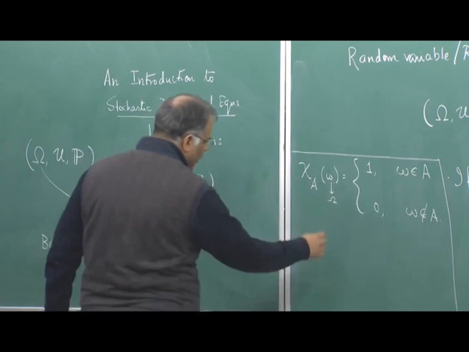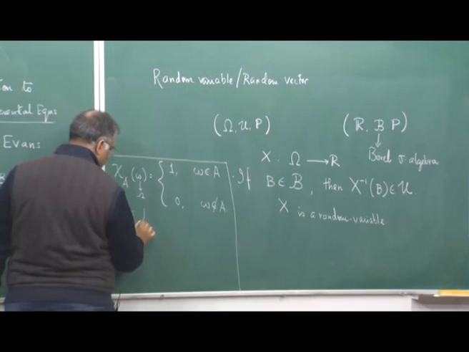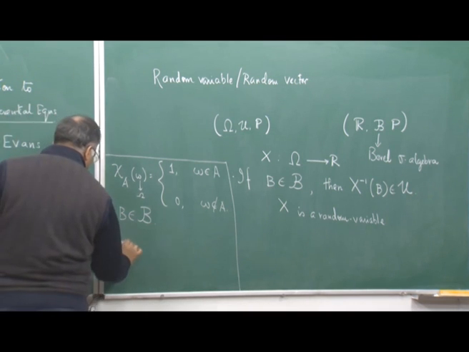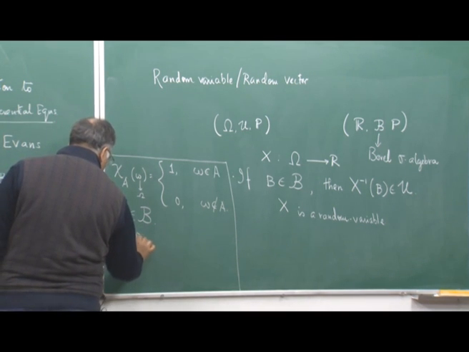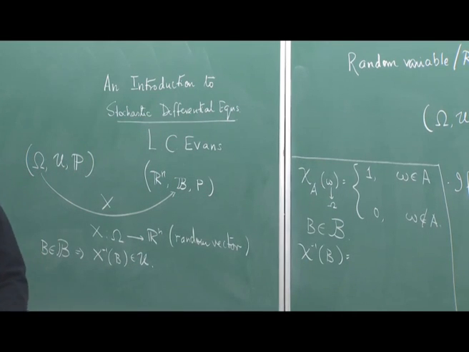So, this is in R, so if I take a B from this Borel sigma algebra, how do I calculate the inverse image? That is the key question.